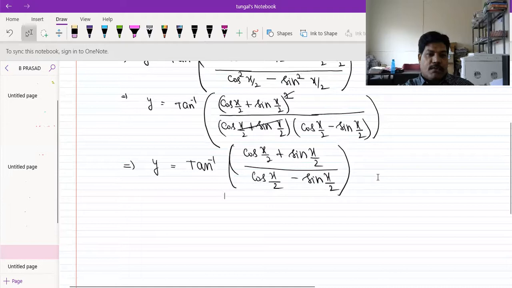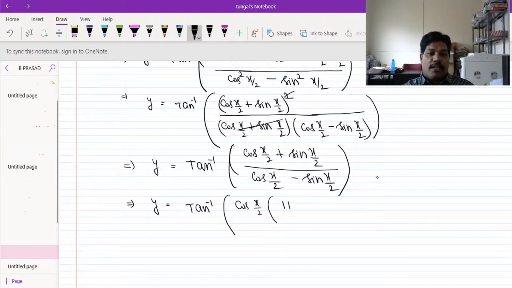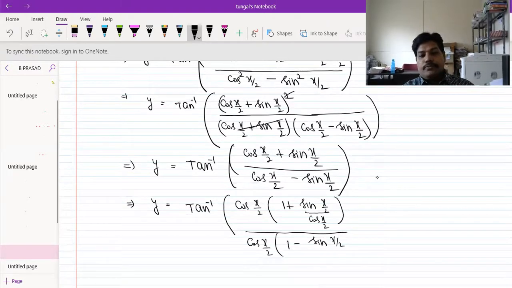So next, y is equal to tan inverse of... in the numerator, I will take cos x by 2 common, so then what happens? 1 plus sin x by 2 by cos x by 2, divided by, in the denominator also, I will take cos x by 2 common, so 1 minus sin x by 2 by cos x by 2.